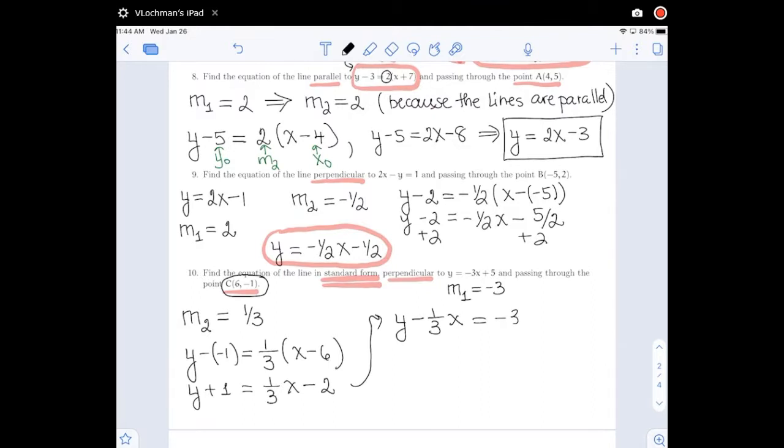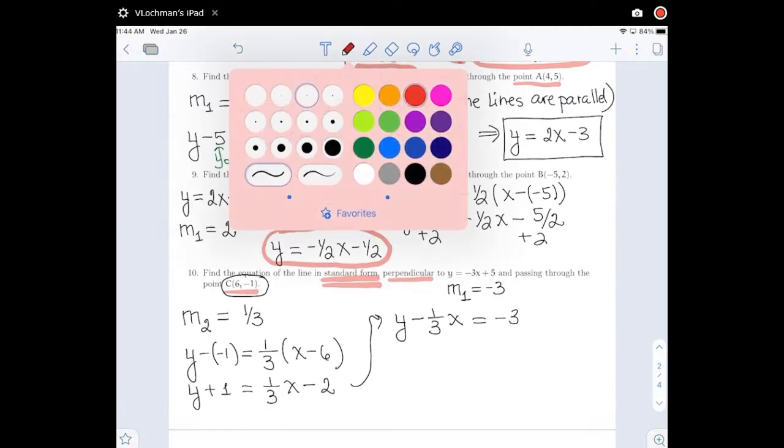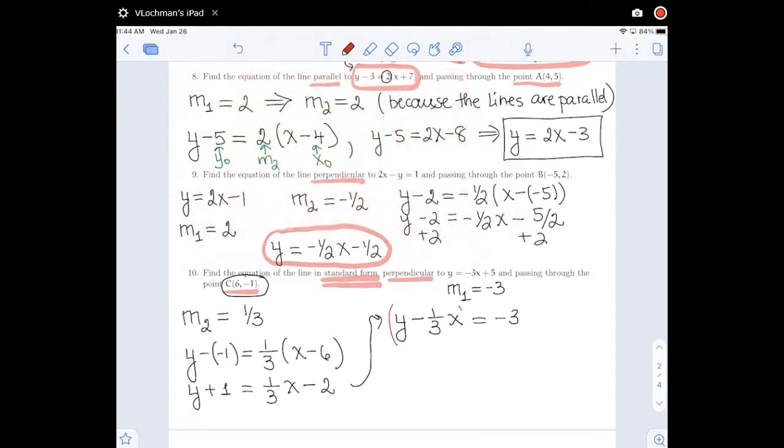Okay. Now it is common to have these coefficients as integers, so whole numbers. So I'm going to multiply everything by 3 to clear that one fraction that we have. So I'm going to get 3y minus x is equal to -9.